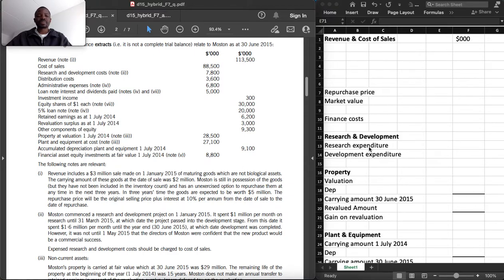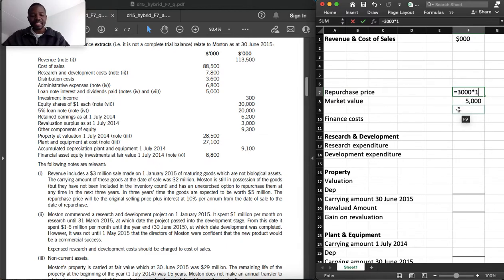Now, let's work it out and find out what it means. After 3 years, the market value of the goods will be 5,000. And after 3 years, the repurchase price will be the selling price of 3,000 multiplied by 10% for the next 3 years.